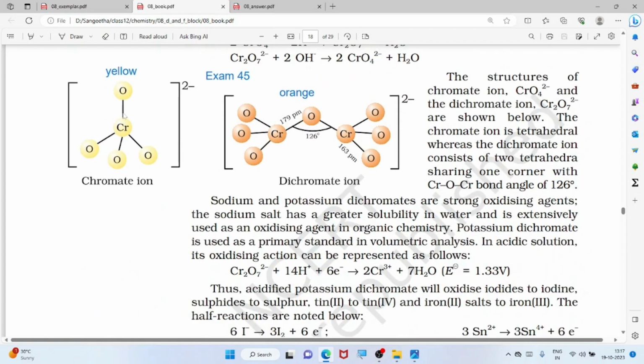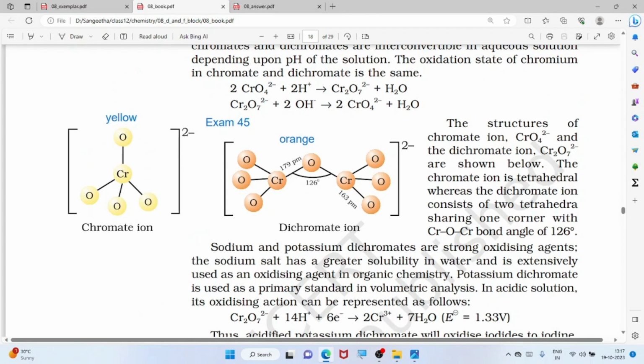This is chromate yellow, dichromate orange, orange to yellow, yellow to orange. Okay, these reactions, one with H+ and one with OH-.